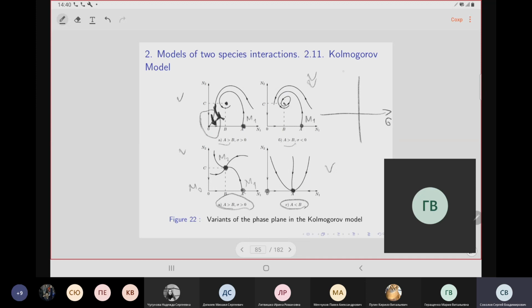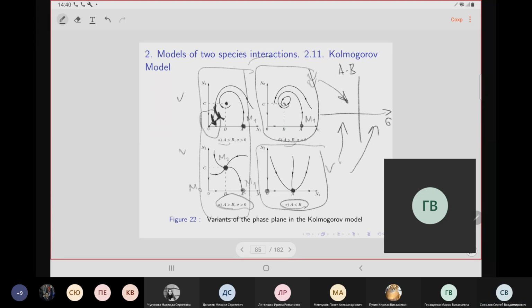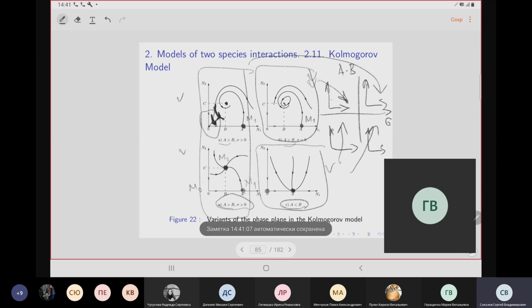It is sigma, it is A minus B. So if A is less than B, then both of these quarters are this picture, and when A is greater than B, when sigma is negative, it is this picture. And this one is here. So we draw 4 plots. And this is our parametric plot for our equation.